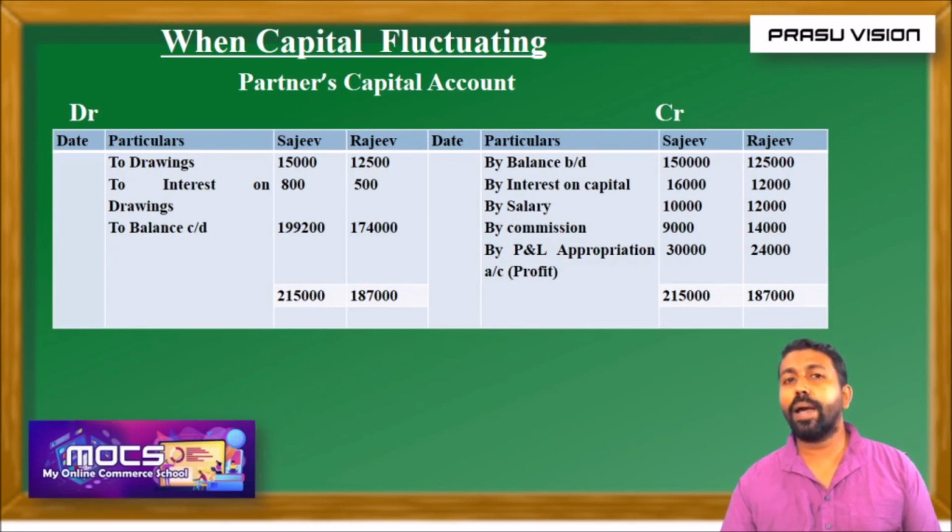While preparing the capital account as per the fluctuating capital method, don't take the balance of the current account. The difference amount is transferred to the partner's balance sheet. So remember how to adjust all these items. Only one item in this question is more, that is interest on capital of partners.